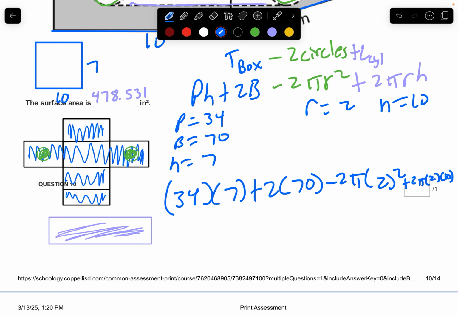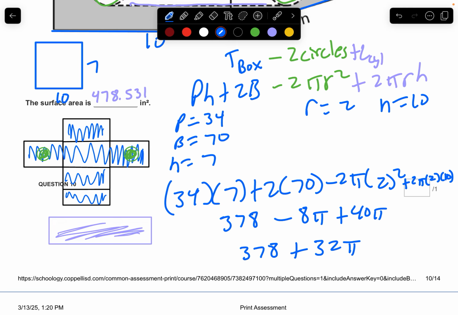So 34 times 7 plus 2 times 70, this is 378. Minus, this would be 4 times 2, minus 8 pi plus 40 pi. So it's 378 plus 32 pi. Type that in, 378 plus 32 pi.